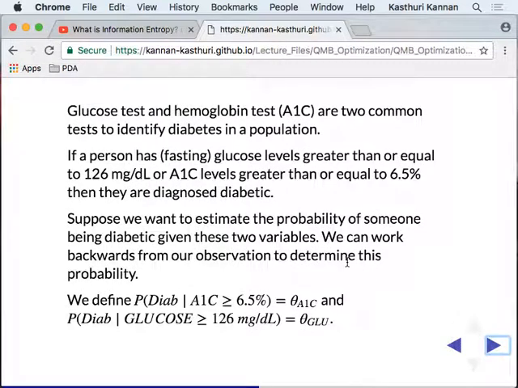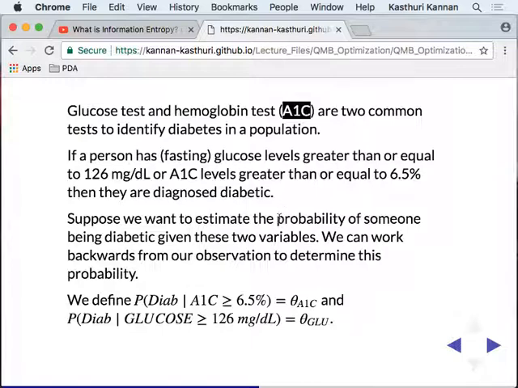In that Haynes data set, I had two variables: a hemoglobin test and a glucose test. If a person has fasting glucose levels greater than 126 or hemoglobin levels greater than or equal to 6.5, they are diagnosed diabetic. So this is the condition for classifying somebody as diabetic.